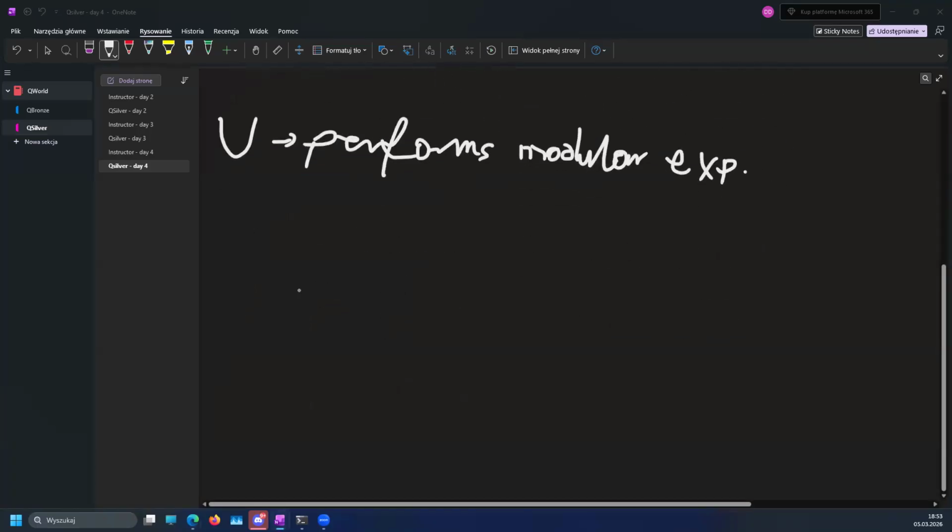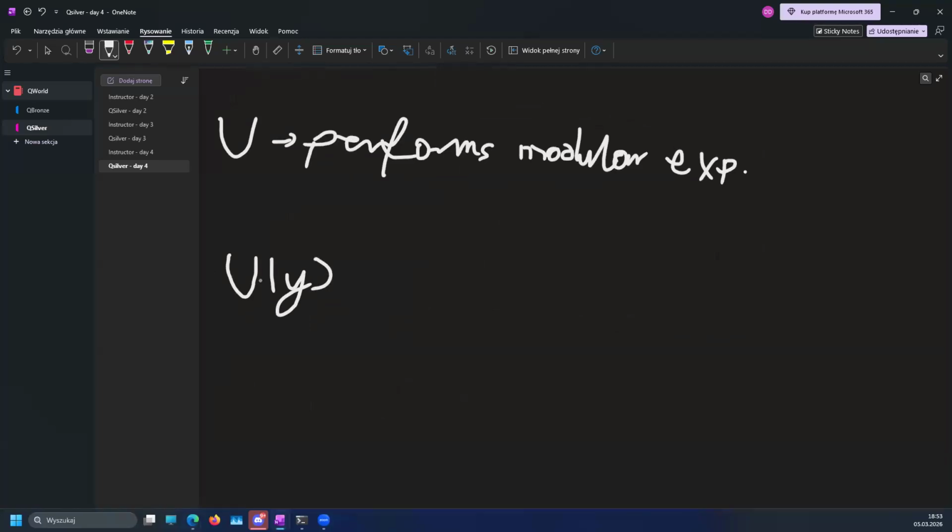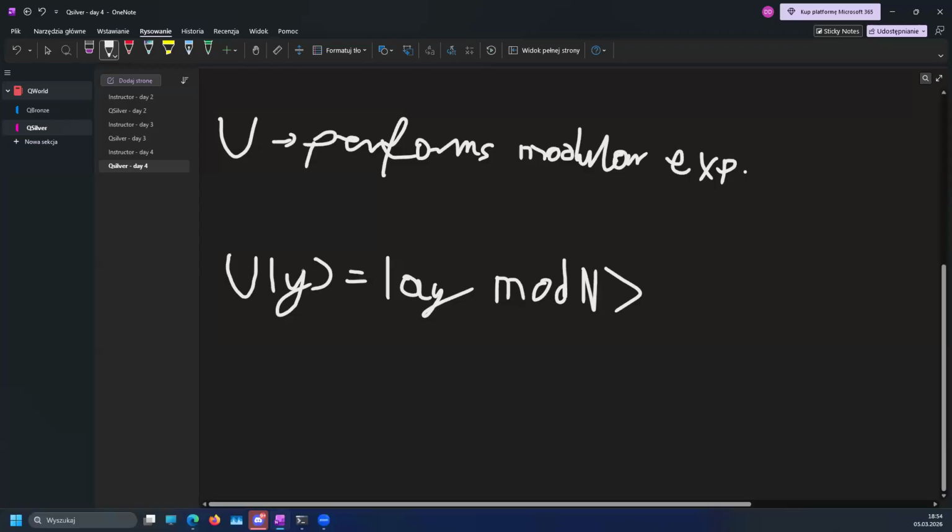So in other words, if you have some state vector y and you act with this gate on it, then you will get the following result, where this y is a number between 0 and n minus 1.